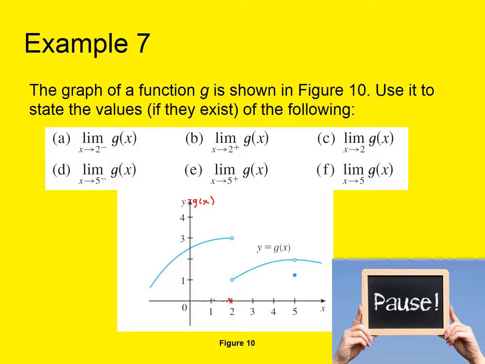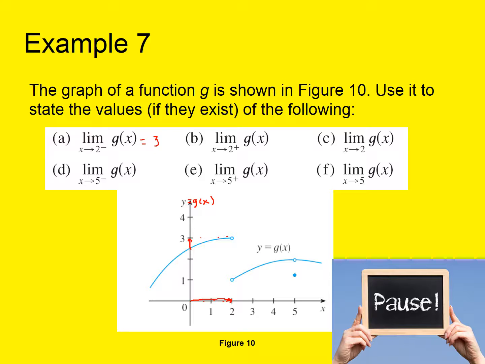As x approaches 2 from the left, this function g of x is getting greater and greater, and it is approaching 3. So as x goes to 2, g of x goes to 3, and that's the limit. That's a left-handed limit.